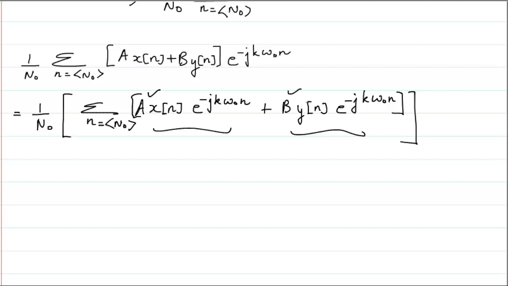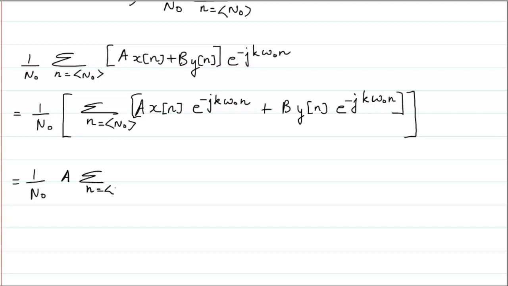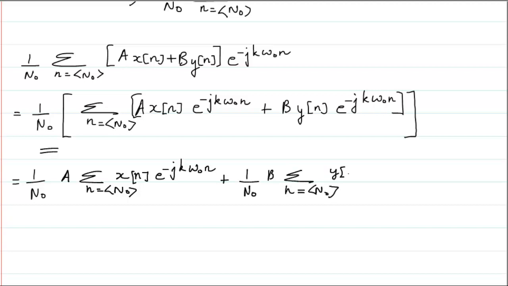So let me rewrite it. I take 1 by N naught common, and then a I take outside, summation n within the range N naught, what remains is x of n e raised to power minus j k omega naught n, plus 1 by N naught is common for both, so 1 by N naught into b, summation n for the range of N naught, y of n e raised to power minus j k omega naught n.